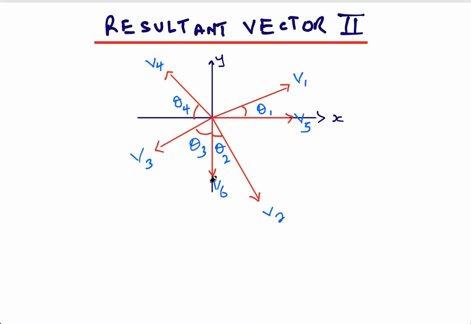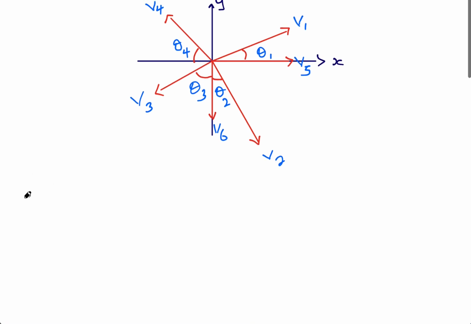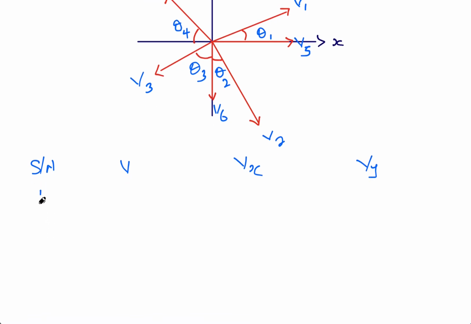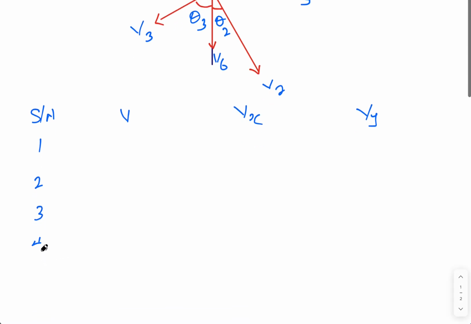Now, the first thing we want to do here is make a table, and the table is going to go like this. We have the serial number, and then we have the vectors. So we must be able to identify the vectors we are dealing with. We must also find the x component and the y component of each vector. Here we have 6 vectors: 1, 2, 3, 4, 5, and 6.